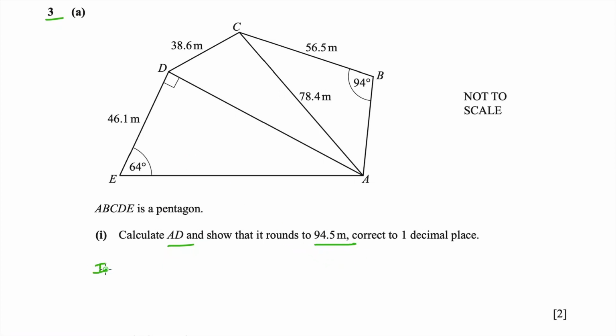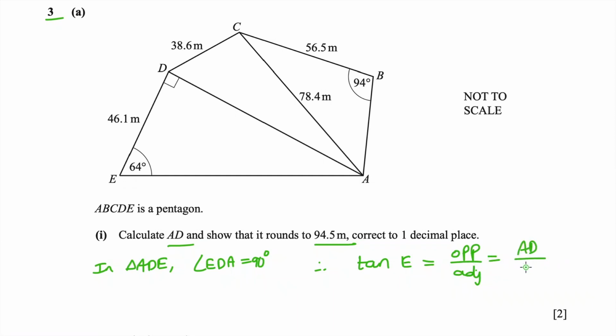So in triangle ADE, we can see that angle EDA is equal to 90 degrees. So therefore, we have the adjacent side and the opposite side. So tan E will be equal to opposite by adjacent, and here the opposite side is AD divided by the adjacent side, 46.1.